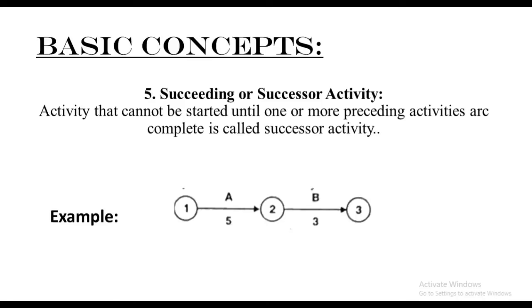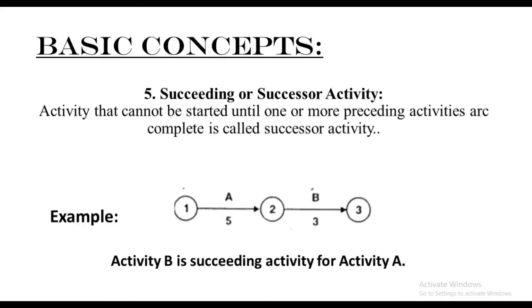Example: in the same diagram with activity A and activity B, activity B is the succeeding activity for activity A. So activity A is preceding for activity B and activity B is succeeding for activity A. The one which is prior is called preceding, and the one which comes later is called a succeeding activity.